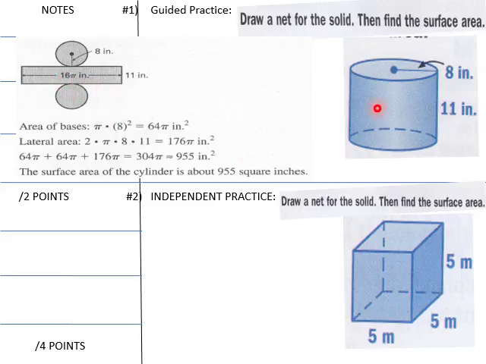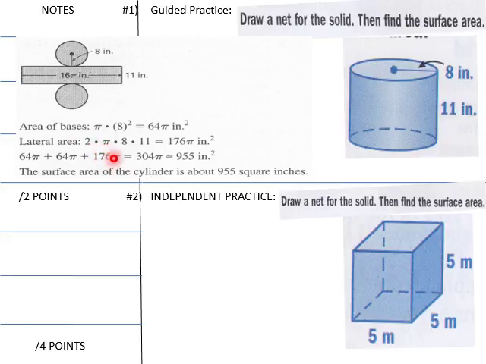We have this 8-inch here. What are we doing here? Area of the bases, our pi r squared. So we have base 1, base 2. That's the top and bottom. Then the lateral, what they call the lateral area or the side, is 2 times pi times 8 times 11. Why? Basically this is the circumference here.